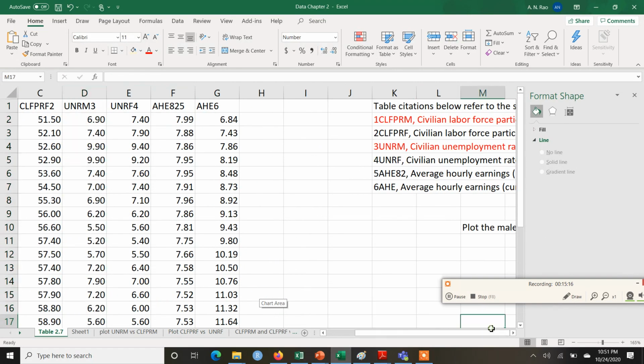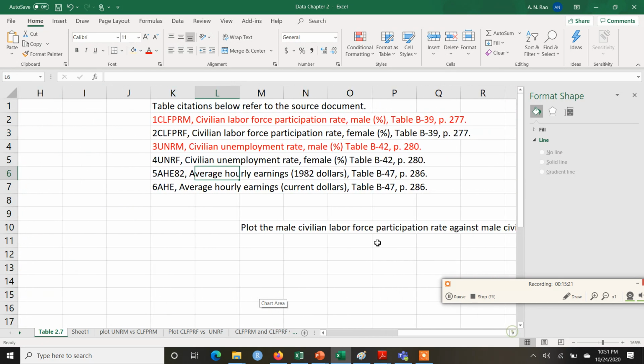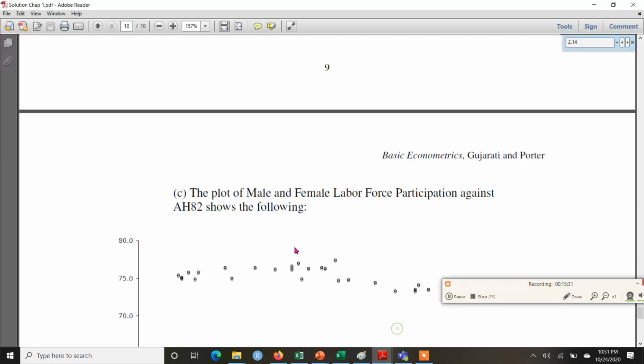You can see that the average hourly earnings are given here, AHE82. So actually, the statement of the question, let me show. We have to plot male and female labor force participation against AHE82.